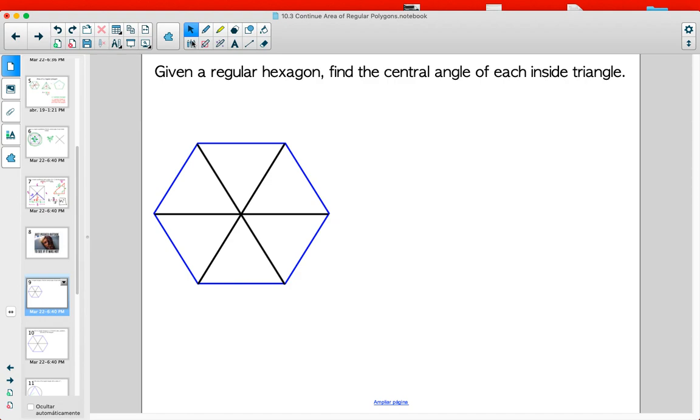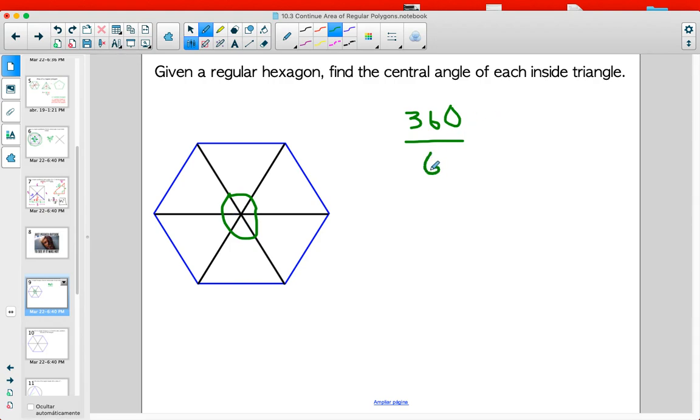All right, so because it's a regular polygon, we know that each central angle is congruent. So to find the measure of each one, we're going to do 360 divided by 6, not 4 anymore. We're always dividing by the number of angles that we have. I'll give you a hint.